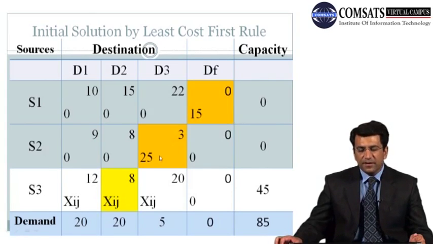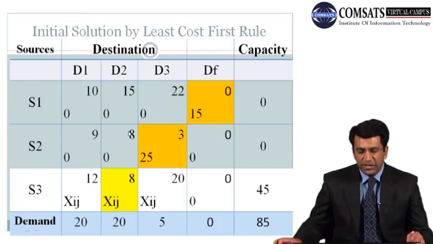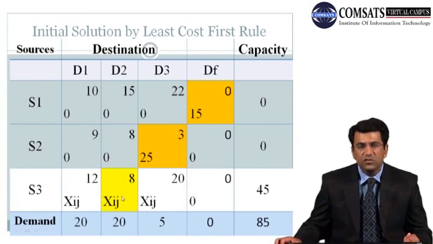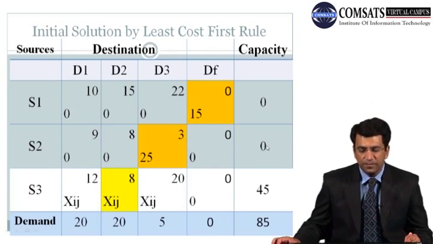As you can see, in the cell S2D2 we have the cost 8, as well as in the cell S3 and D2 the unit cost is also 8, but we cannot move to the cell S2D2, because we cannot add any quantity here; if we add any quantity here, this row total will be disturbed, because there is no further space available in this row.